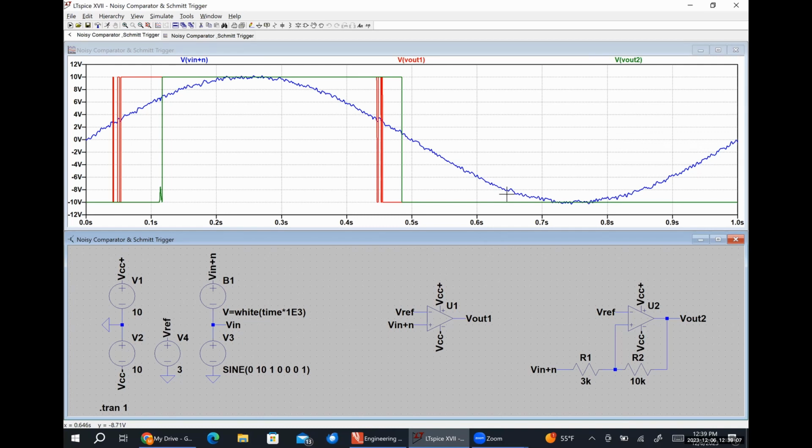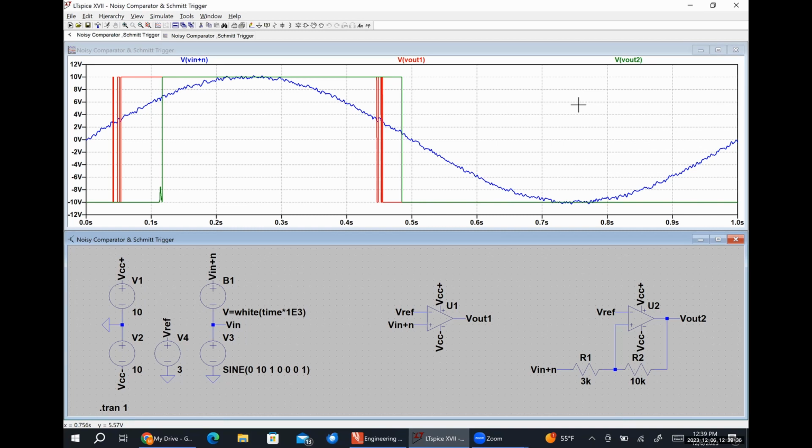The application of positive feedback, and I'm saying positive feedback because I have a resistor connected between my output terminal and my non-inverting input terminal, has caused things to smooth out, but it has also changed the relationship for when my output goes high and low a little bit.